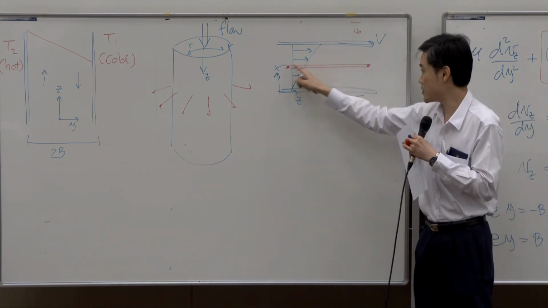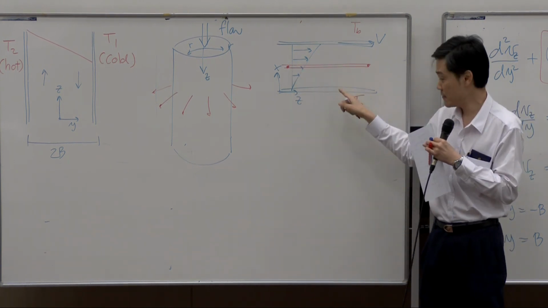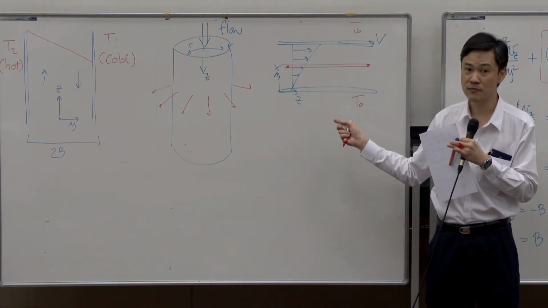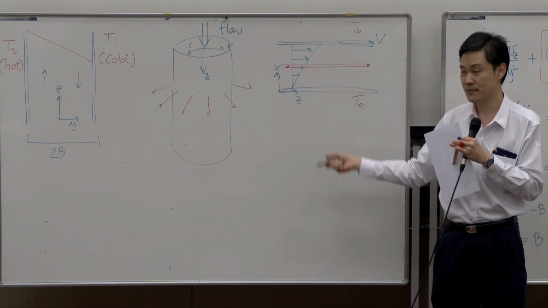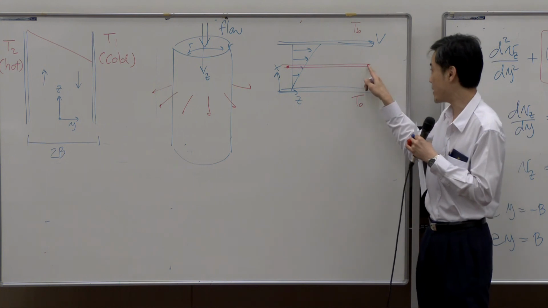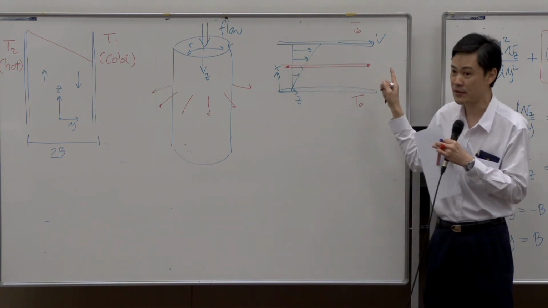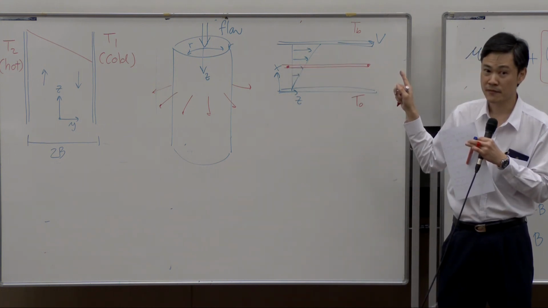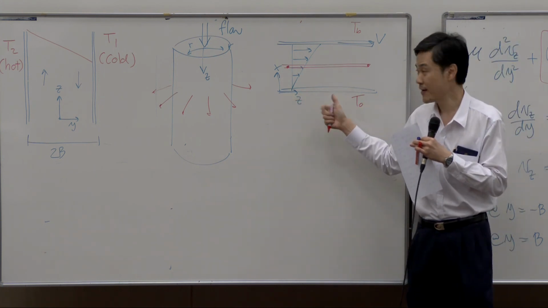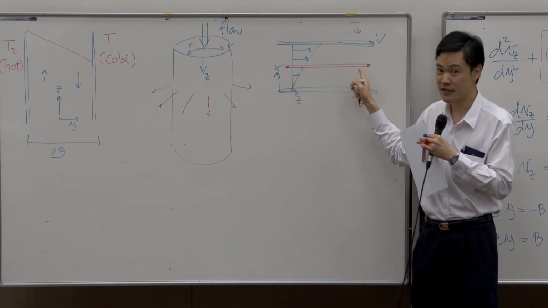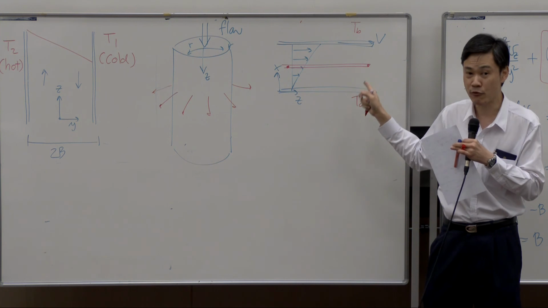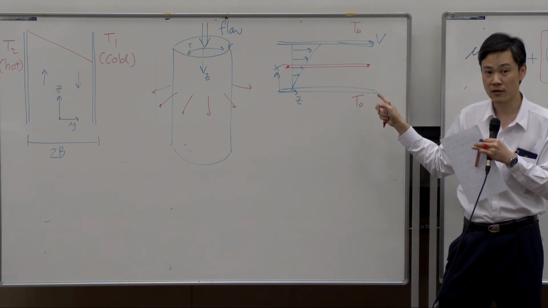If temperature on these 2 points are not the same, it cannot come back to the whole circumference. We decided during that time that these 2 points are supposed to have the same temperature. So even though you have velocity in the Z direction, there is no temperature difference in the Z direction. So in this case, there is no convective transport in the Z direction.